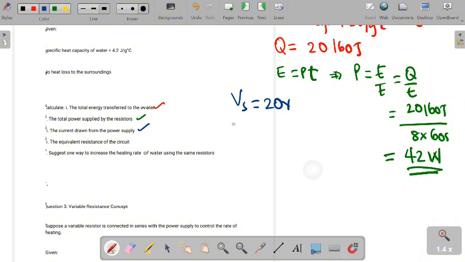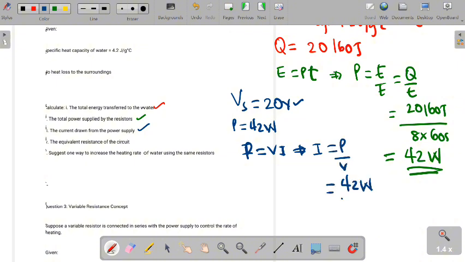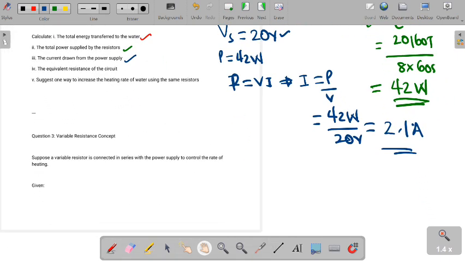Given the power, which is 42 watts, and given the voltage, we can calculate current. Remember, power is equal to voltage times current. This leads us to say current is equal to power over voltage. That will be 42 watts divided by 20 volts, which should give us something that makes sense. That will be 2.1 amperes. So we have the current drawn from the power supply.